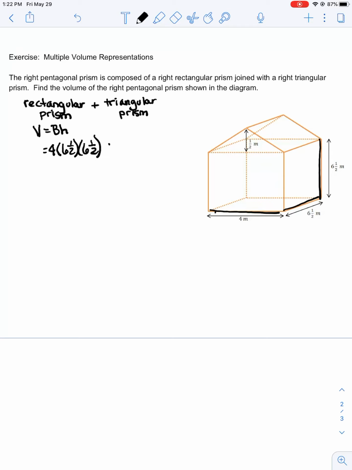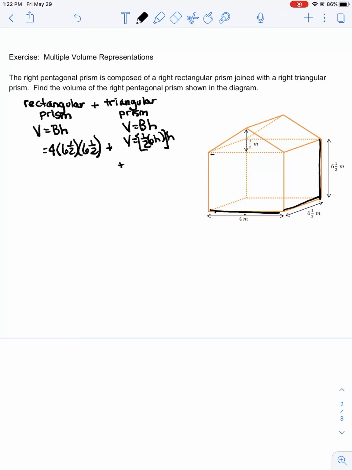Here for our plus our triangular prism, so again capital V and BH. Replacing that, we have capital V, which is 1/2 BH times the height of the prism.